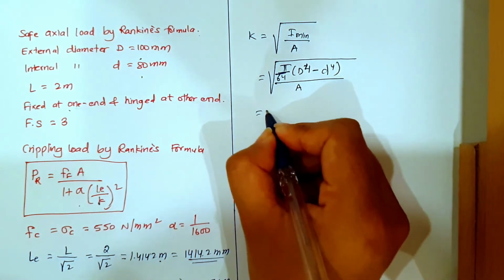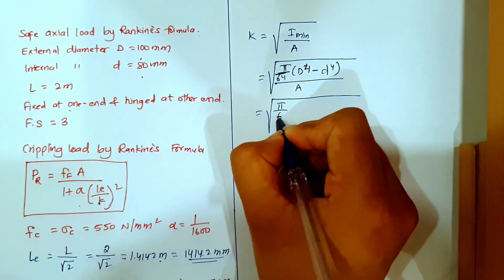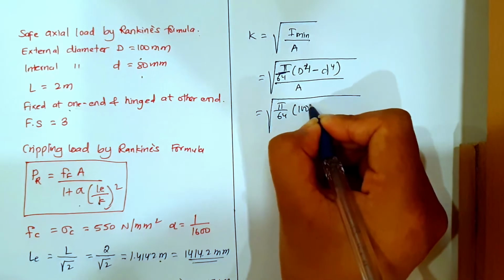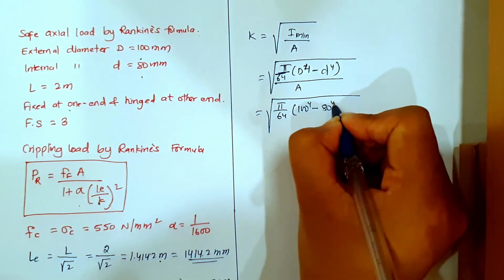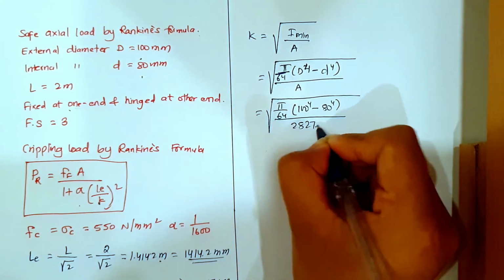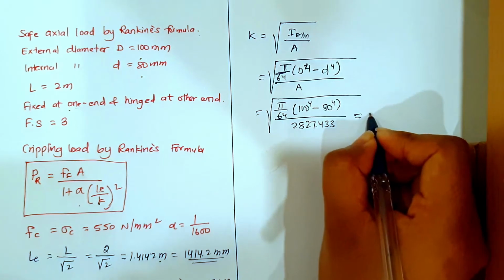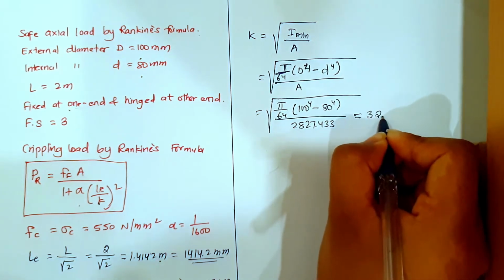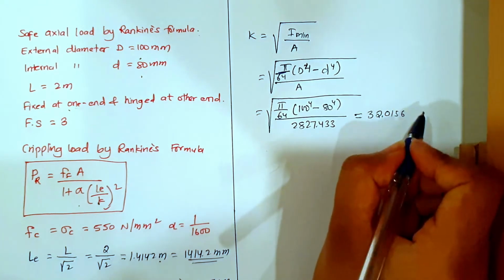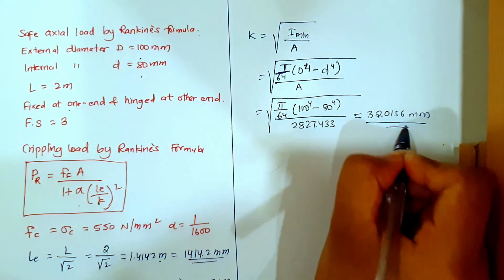So from here it will be equal to pi by 64 into 100 raised to power 4 minus 80 raised to power 4, divided by area 2827.433. From here you get the value of K equals 32.0156 mm. Okay, so this is the value of K.